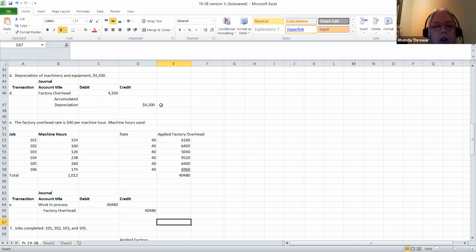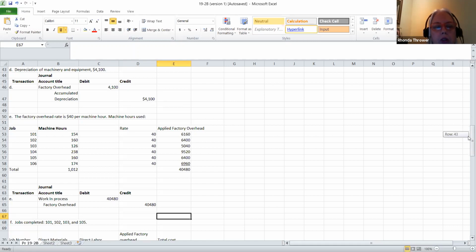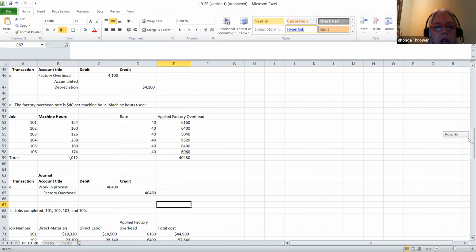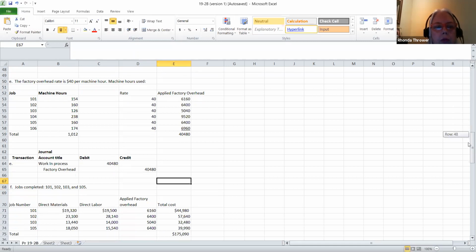And every time we depreciate, we increase the accumulated depreciation by crediting it. So our factory overhead was debited for the amount of the depreciation expense on the factory machinery and equipment, and we will credit accumulated depreciation for the total amount of the depreciation that we're adding to the accumulated depreciation account this year.